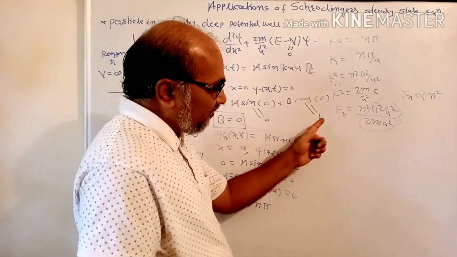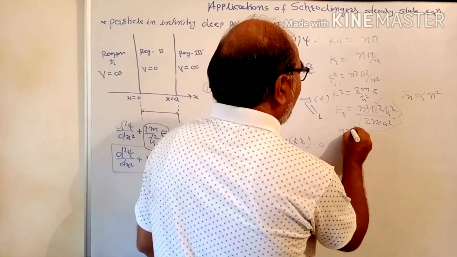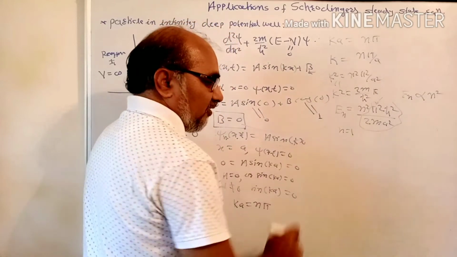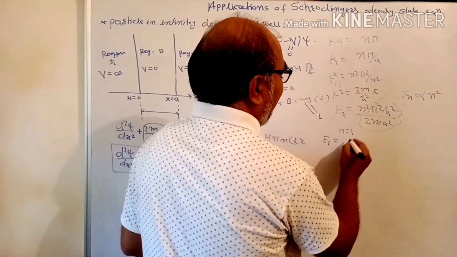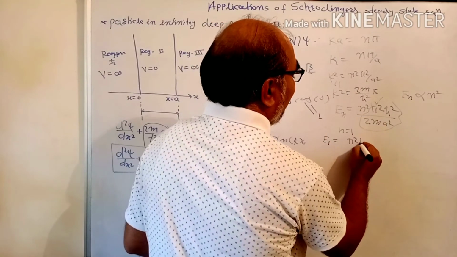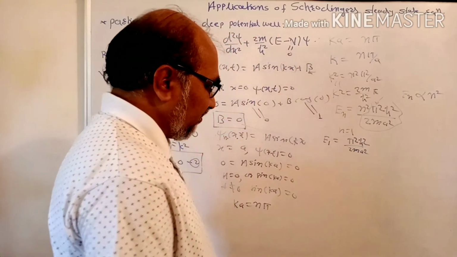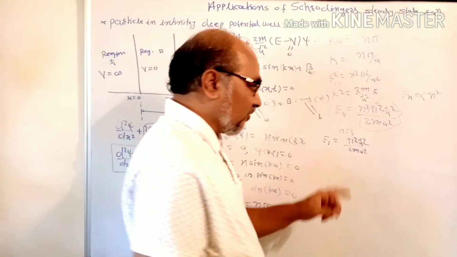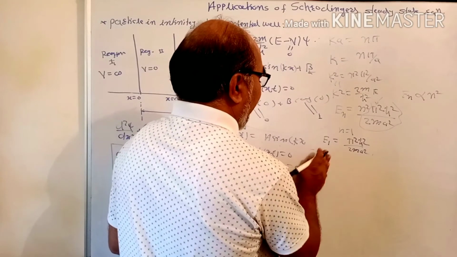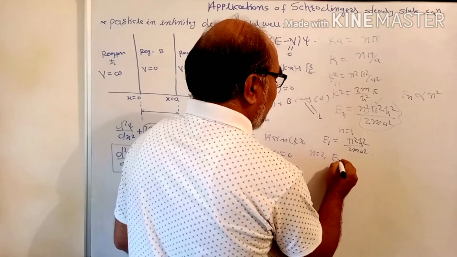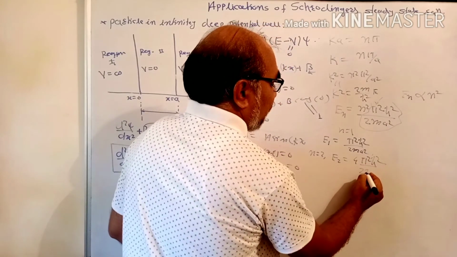Now first calculate the lowest energy value by putting n equal to 1. This is called the lowest energy value, and E1 is equal to pi square h bar square divided by 2ma square. For E2, n is equal to 2, so E2 is equal to 4 pi square h bar square divided by 2ma square.